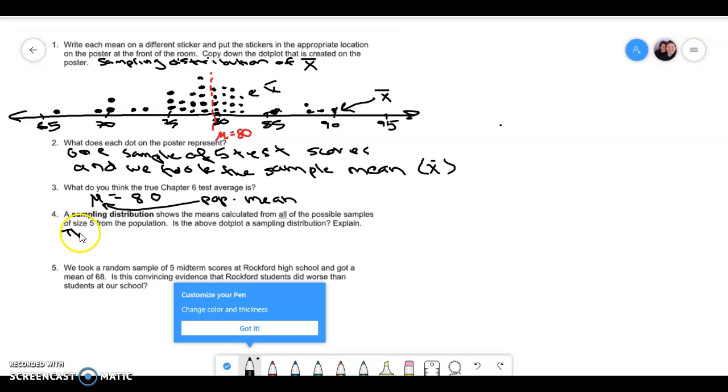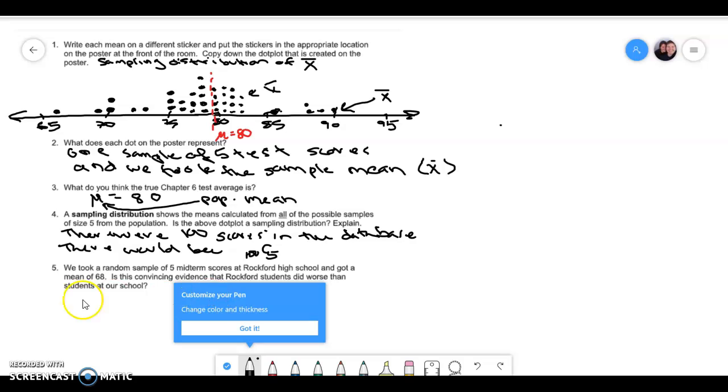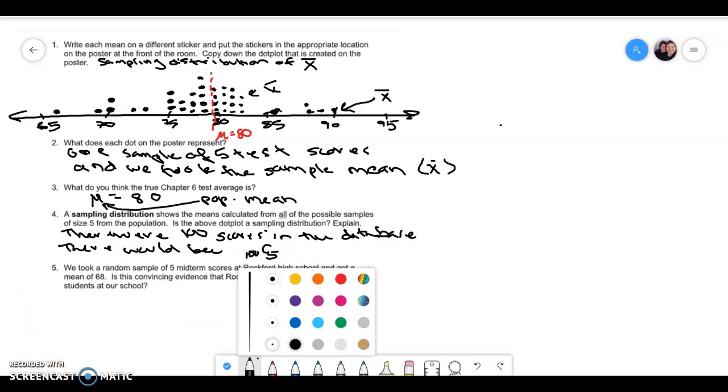So there were 100 scores in the database, and there would be 100 choose 5, which let me go get a calculator and find out what that is.